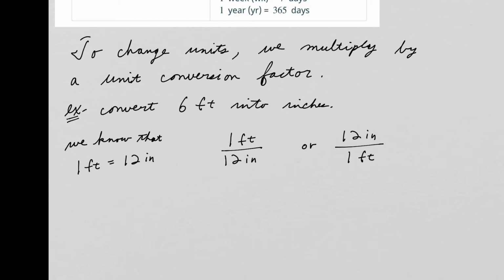In some sense, these are both equal to 1, right? Because they represent the same length in the numerator and the same length in the denominator. So in some sense, they're equal to 1. So these are what's called unit conversion factors.